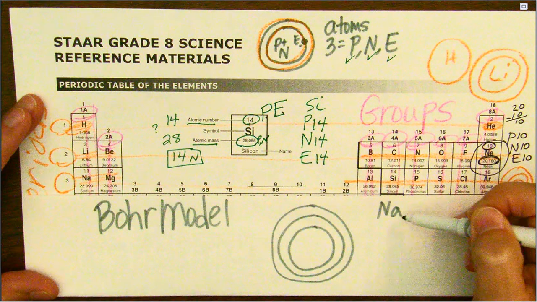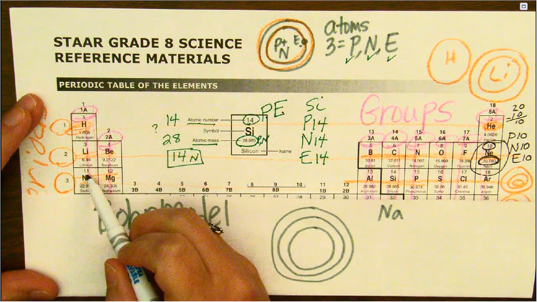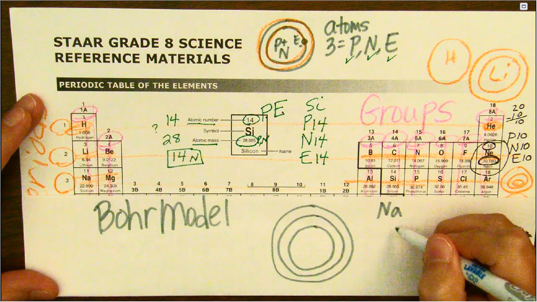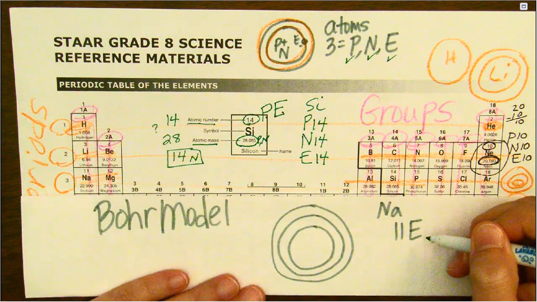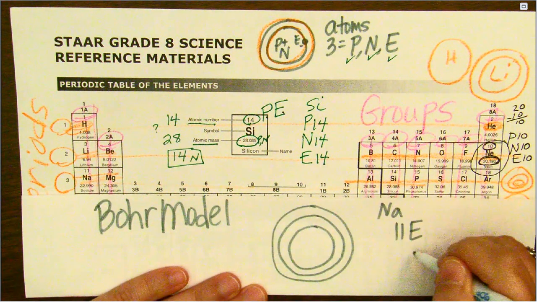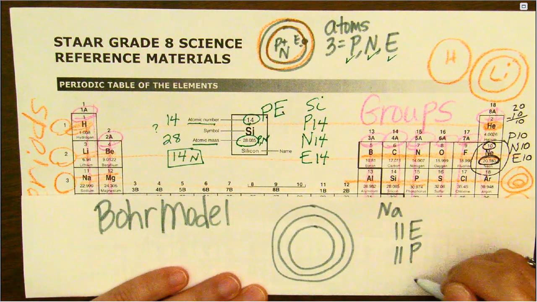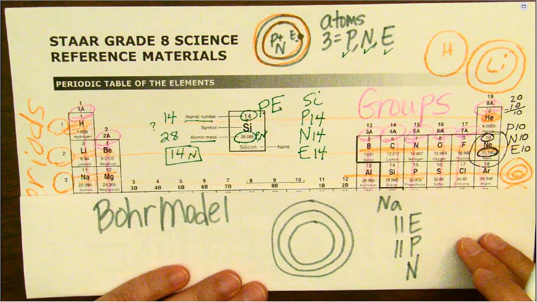Because I'm doing sodium, my top number is 11. So I'm going to have 11 electrons. That number also tells me how many protons I have, and I'll use that later. And we need to figure out how many neutrons, and we'll do that math here in a minute.